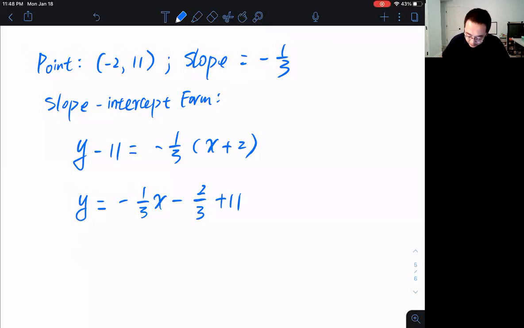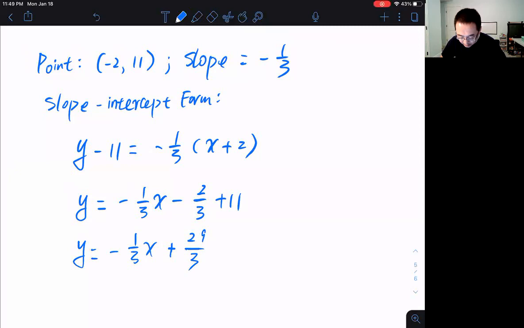Now we just need to combine -2/3 plus 11, and that gives you y equals -1/3 of x, plus 29 divided by 3. Let me check, yes, plus 29 over 3.